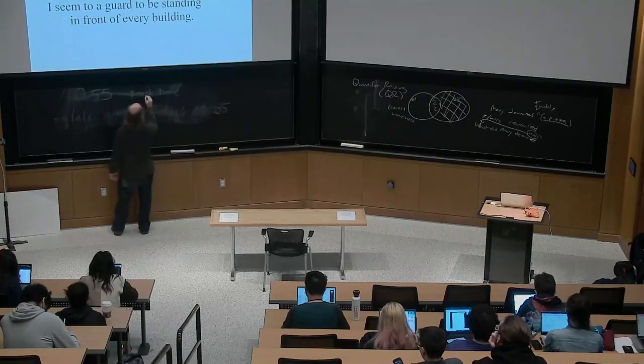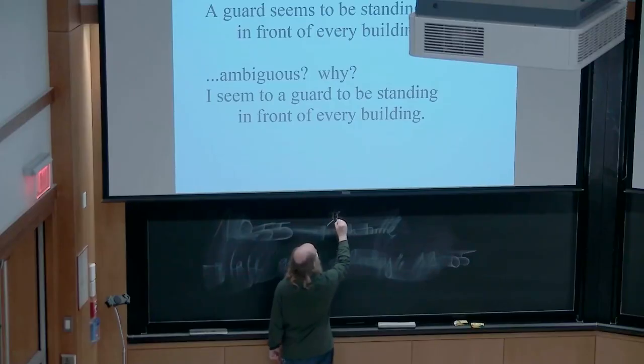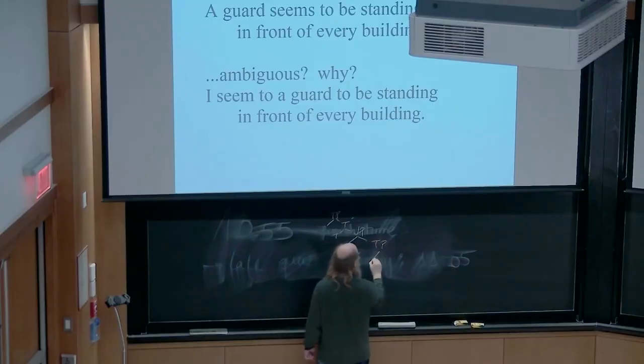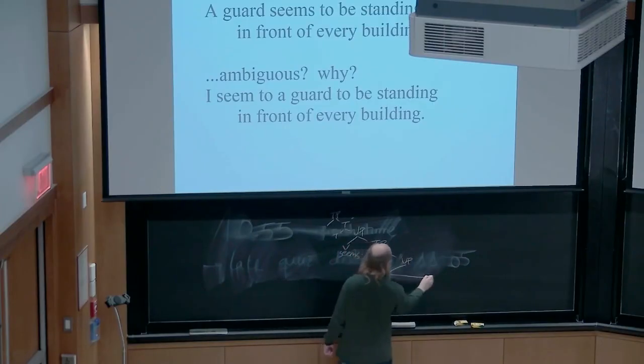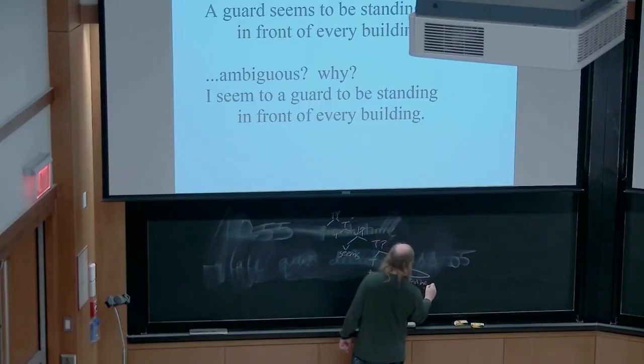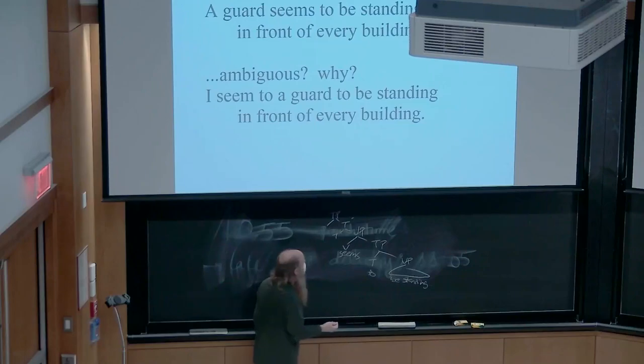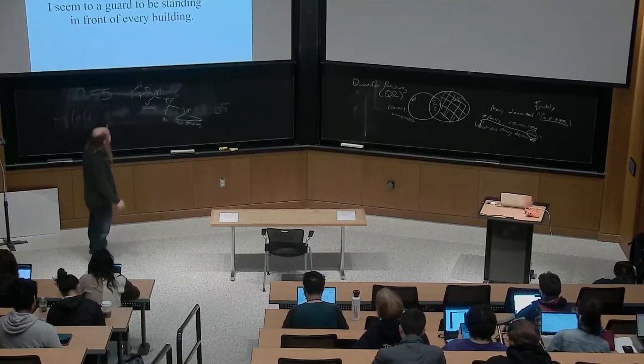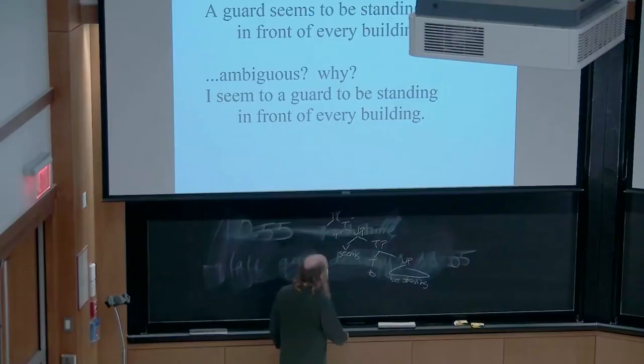We went through this very fast, so I won't blame anybody if you don't remember this. But when we were doing "a guard seems to be standing in front of every building," sentences like that, what we said was that there's a movement operation going on in sentences involving seems, where seems is followed by an infinitive.